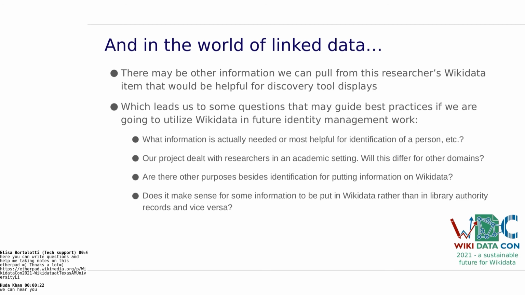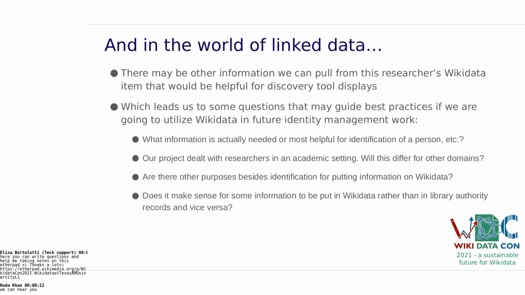There could be a lot of other information that we could pull from this researcher's Wikidata item that we could use in future discovery tool displays that would help people disambiguate the person's identity, saying, okay, this is Ya Wang, the mechanical engineer from Texas A&M, and not Ya Wang in some other field that's completely unrelated. Which leads us to some questions.